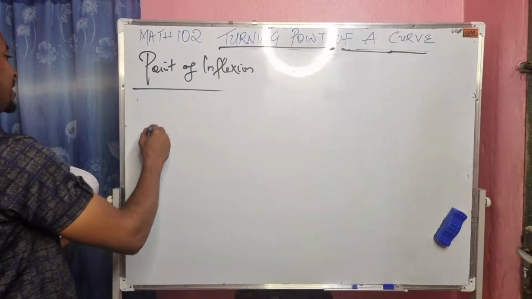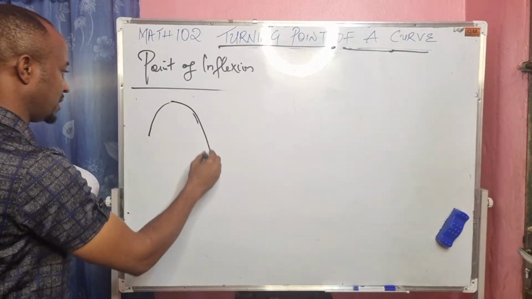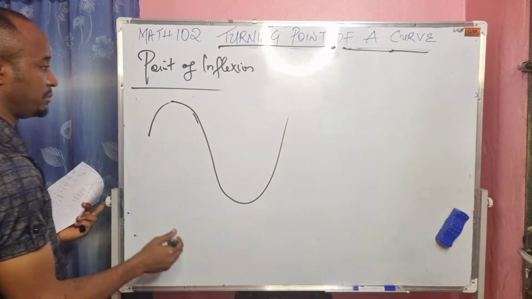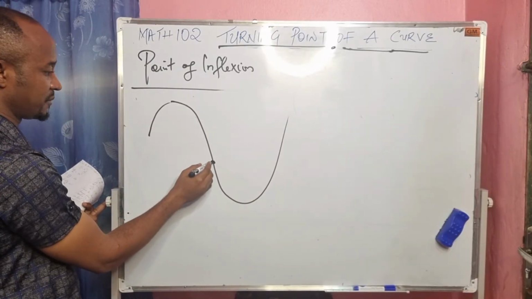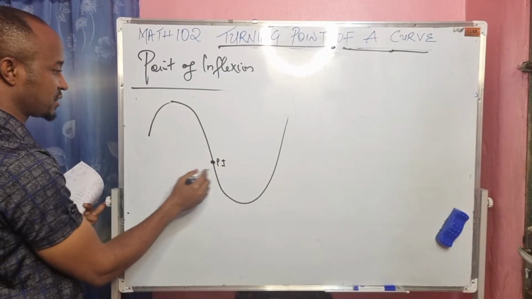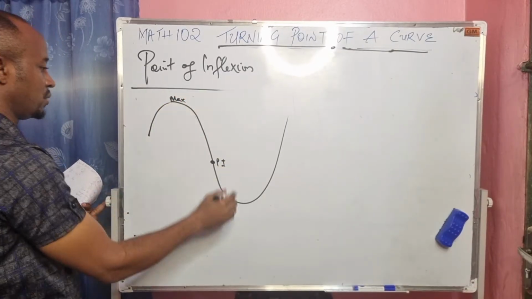Like I said, if I have a maximum point and a minimum point, the point where this curve changes its concavity is called the point of inflection.